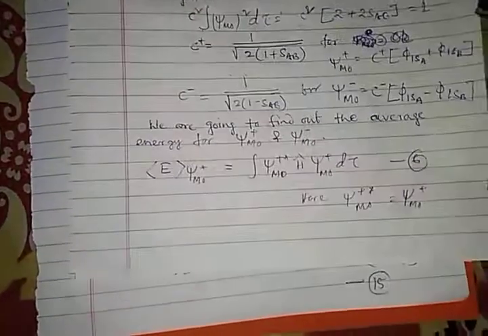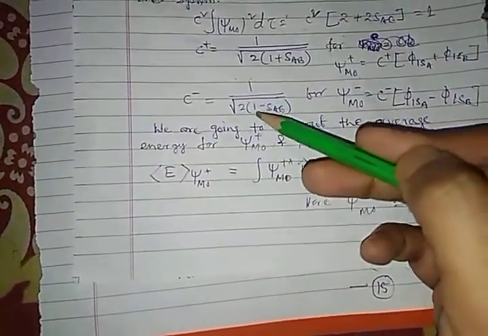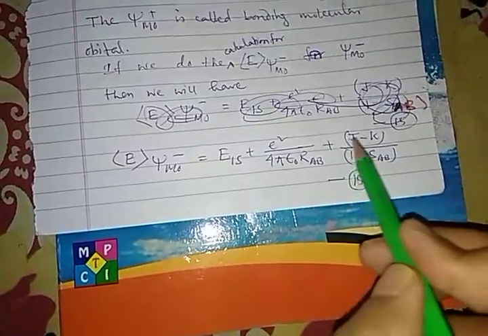In this case the constant will be 1 minus SAB, and these two terms appear similar to psi MO plus, and next a term which we noticed as J plus K by 1 plus SAB for psi MO plus. Here we will obtain J minus K by 1 minus SAB. That is the only difference.